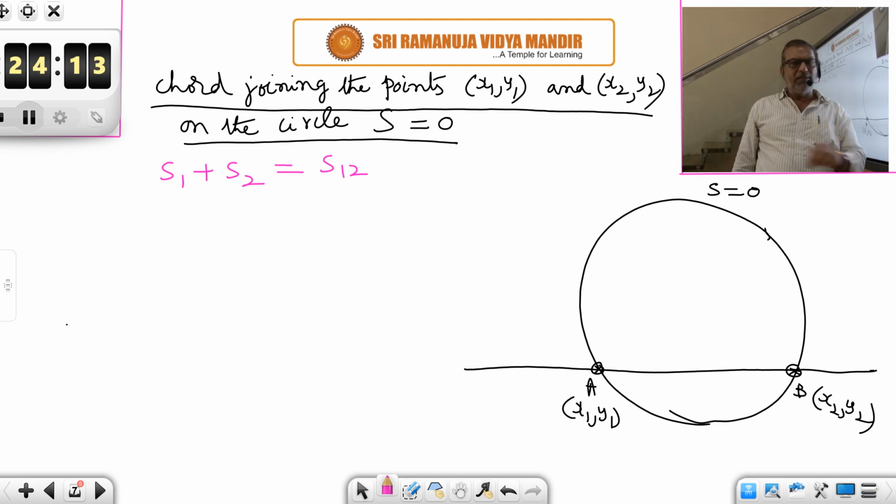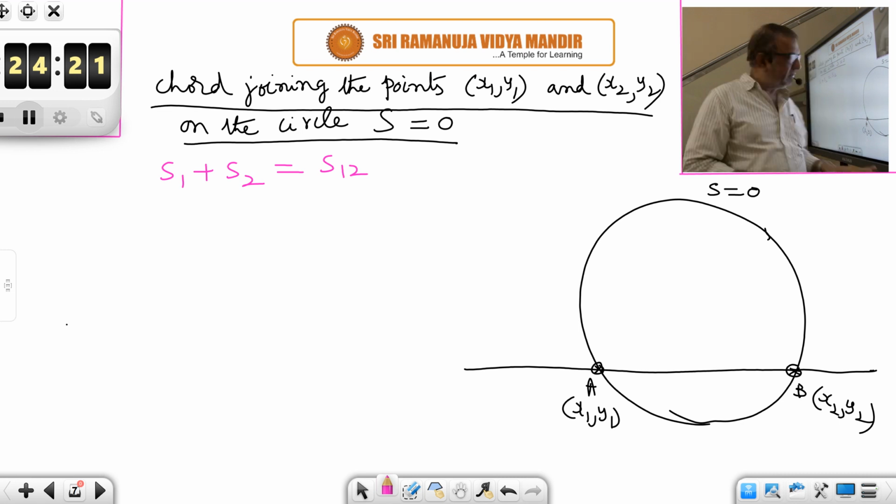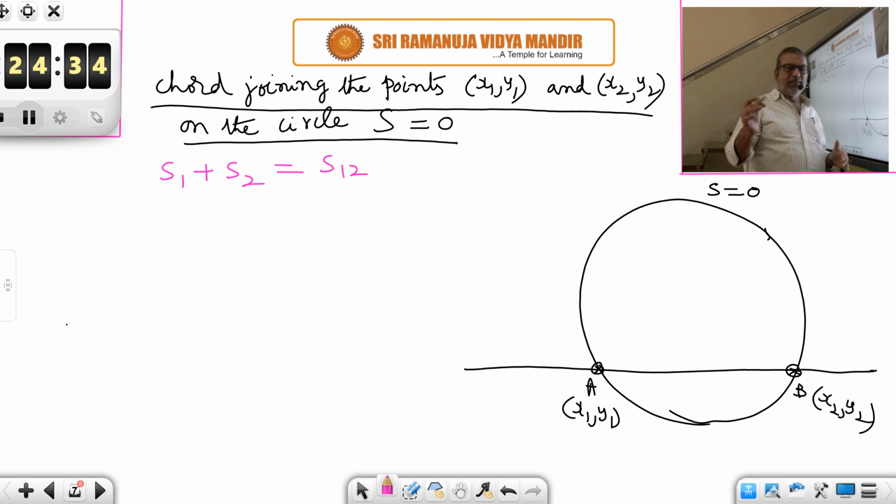But always in all the chapters, the chord joining the points x1, y1 and x2, y2 on the curve S equal to 0 is always S1 plus S2 is equal to S12. Only the meaning will change. What is meant by S1, S2, S12 will change from chapter to chapter, that's all. But the formula remains same.